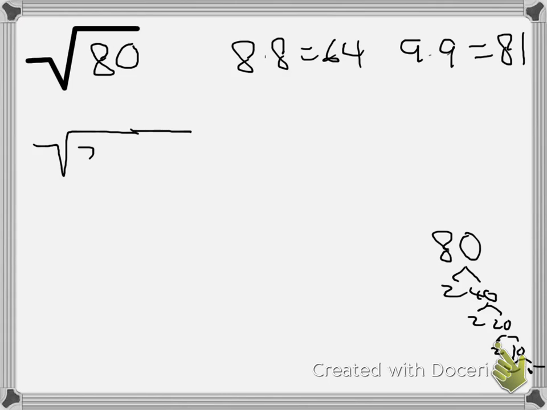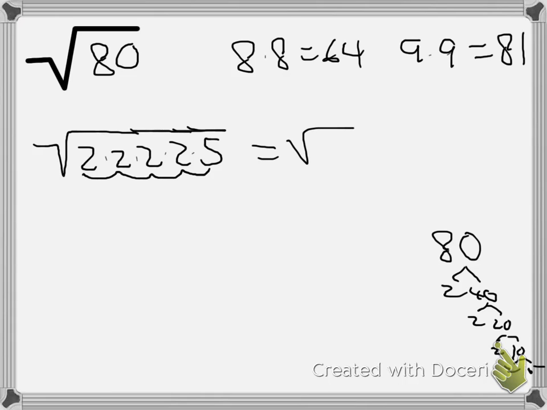So we would have 2 times 2 times 2 times 2 times 5. Make sure that you're checking on a calculator or with yourself. 2 times 2 is 4, times 2 is 8, times 2 is 16, times 5 is 80. So we know that that equals this. That's the same thing as saying the square root of 80.